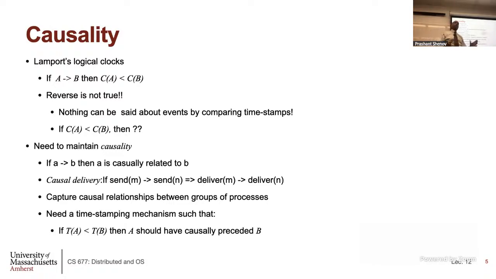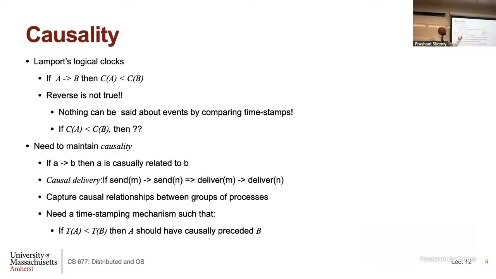Okay? If these two events are independent, then we say there's no causal relationship between them. They're concurrent events. Okay? And we'll come back to causality in a little bit. But when you have causality, you can actually have systems that use this causal relationship between events to give you other properties.